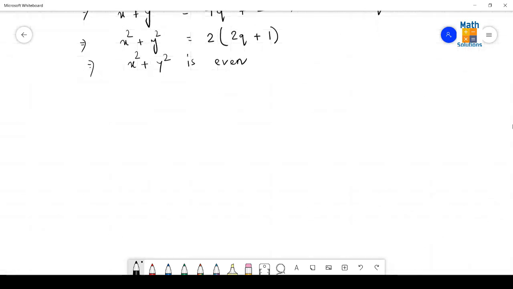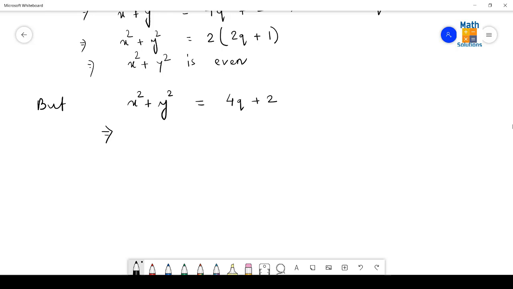So coming to the second part, I get here, but x square plus y square is equal to, we got 4q plus 2. That means we cannot take common 4 here. That means in this case on the right hand side 4 is not coming as a factor of both these two terms.